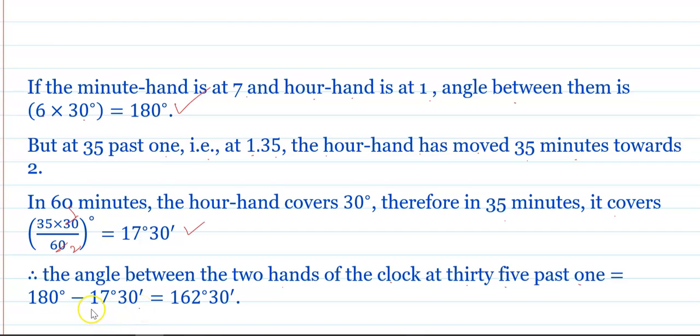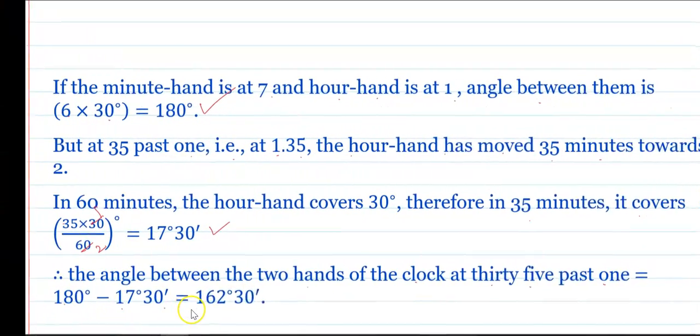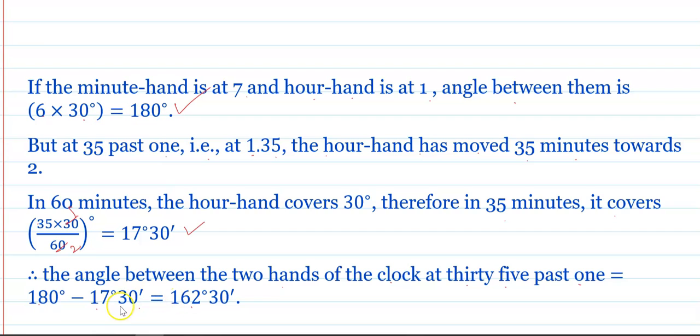आता हे सबस्ट्रॅक्शन कसं करणार? 180 मधनं 17 मायनस करणार, you will get 163. पुन्हा आपण we want to subtract 30 minutes. पुन्हा या 163 मधनं 1 डिग्री घेणार, त्यातनं त्याचं कन्वर्जन मिनिट मध्ये करणार and subtract it 30. Then you will get 162 degree and the 30 minutes.